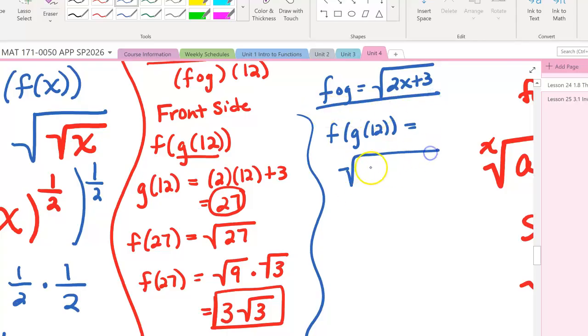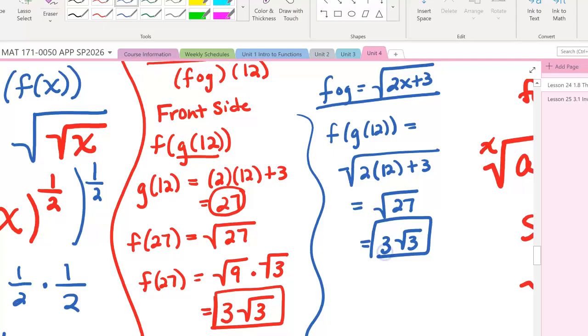So that's going to give me the square root of 2 times 12 plus 3, which is the square root of 27, which is also 3 times the square root of 3. So you can do that either way. It really depends on whether I've found the composed function or not. If I already have, I might go this route, but if I have not, I'll probably go this route.